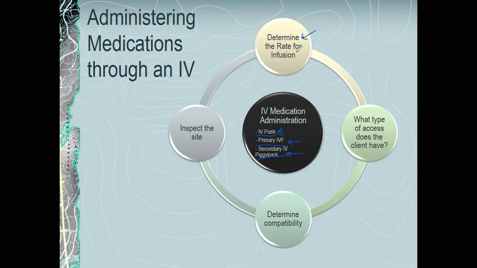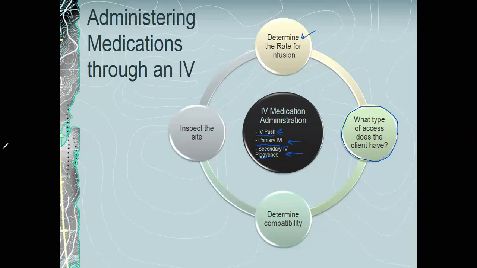The next thing we want to look at is what type of access this client has. For example, if it's a peripheral IV site, you can only run one medication at a time through that line a lot of times. Usually it depends on the compatibility, which is our next step. We'll talk about that in just a second. If you have a PICC line, or a peripherally inserted central catheter that's going into one of those large veins, you may have 2 or 3 ports going to it.